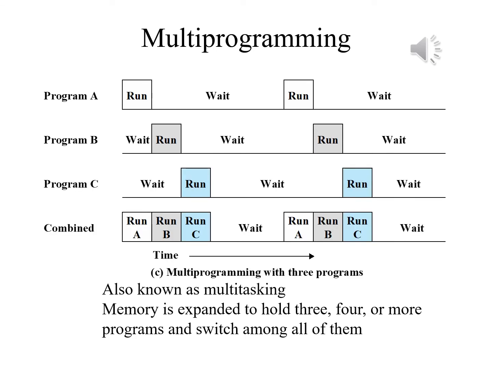Furthermore, we might expand memory to hold 3, 4, or more programs, and switch among all of them, as is illustrated in the figure. The approach is known as multiprogramming or multitasking. It is the central theme of modern operating systems.